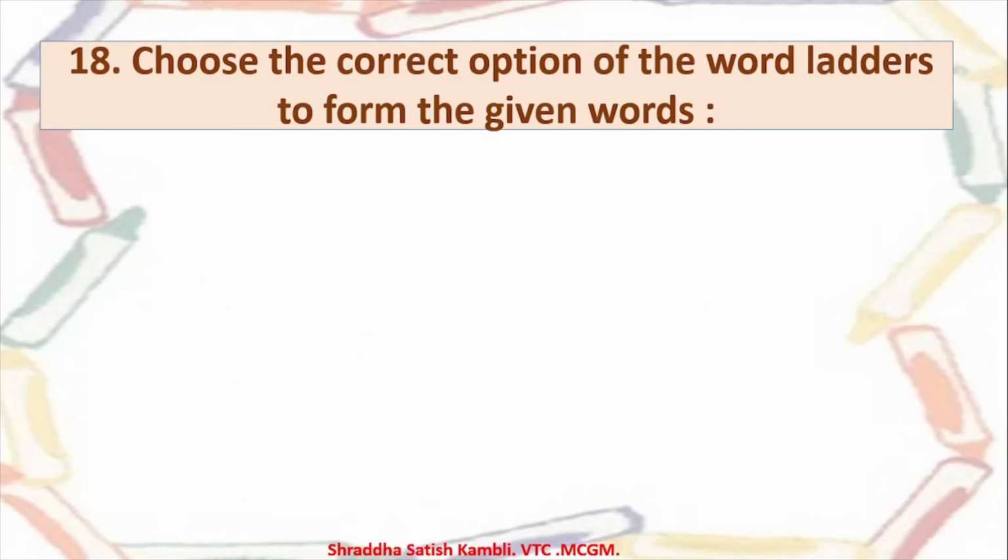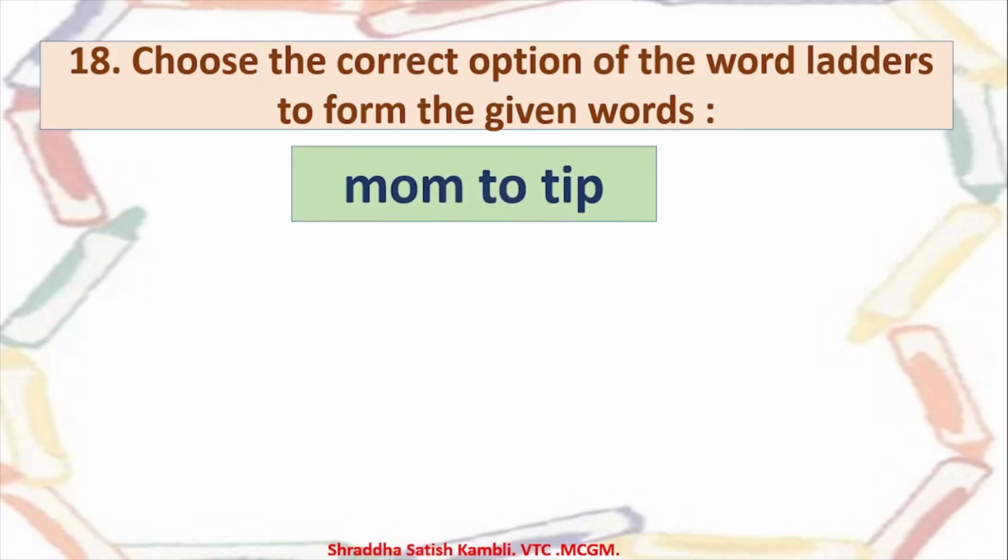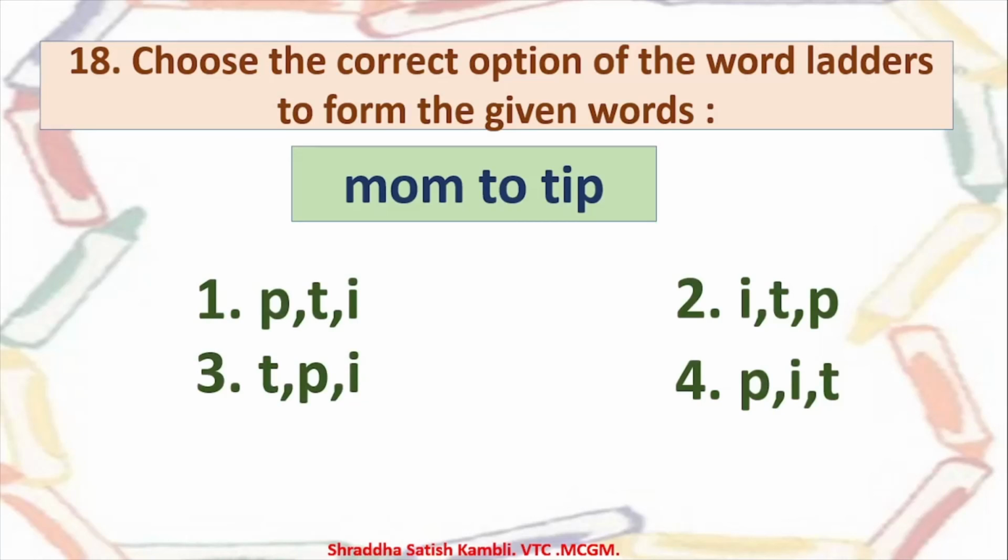Okay? Question 18 or example number 18. Mom to tip. So the word mom becomes the word tip. So what will be the sequence of the letters which will appear? Will it be 1 PTI, 2 ITP, 3 TPI or 4 PIT? 1, 2, 3 or 4.